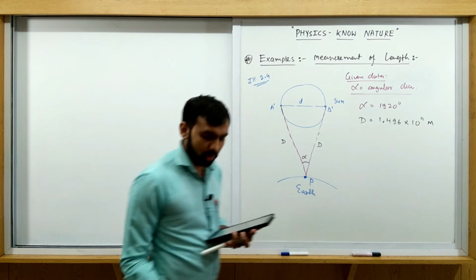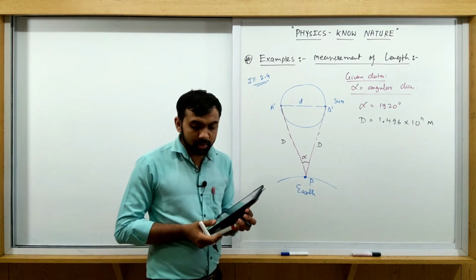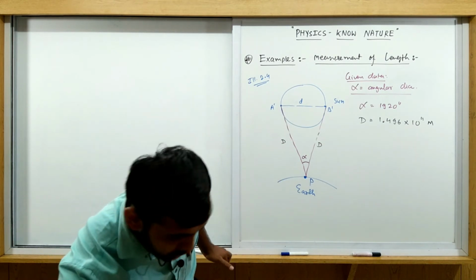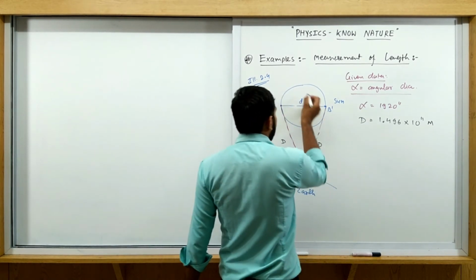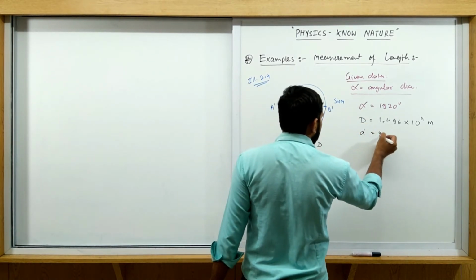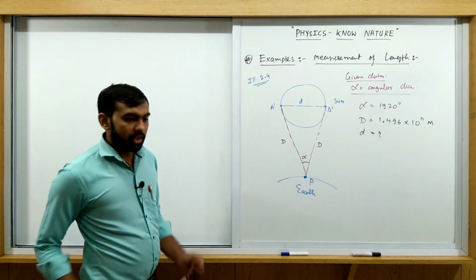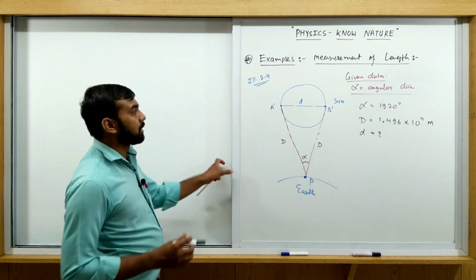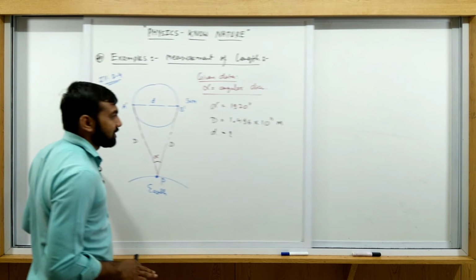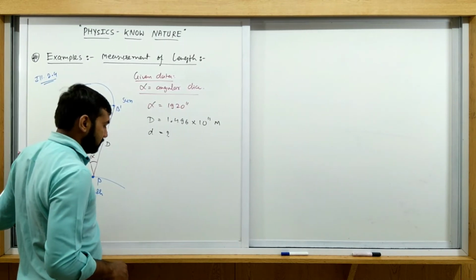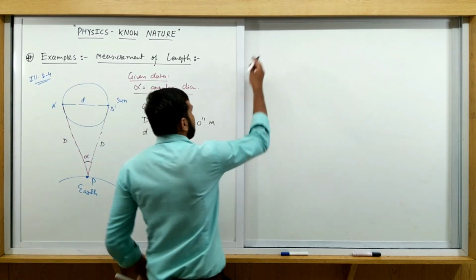It is given, so don't worry about it. Find the diameter of the sun. That is what you have to find. The problem is quite simple for us. Write down the hint.